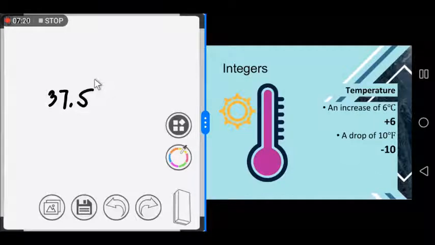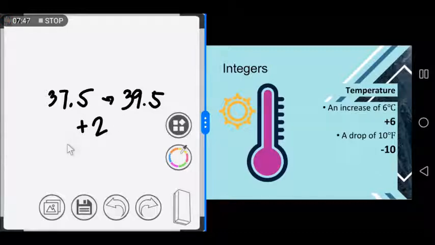Higher than that, let's say bigla kang naging 39.5. So if you're from 37.5 to 39.5, there is an increase of 2 degrees. We can say that that increase is positive 2.